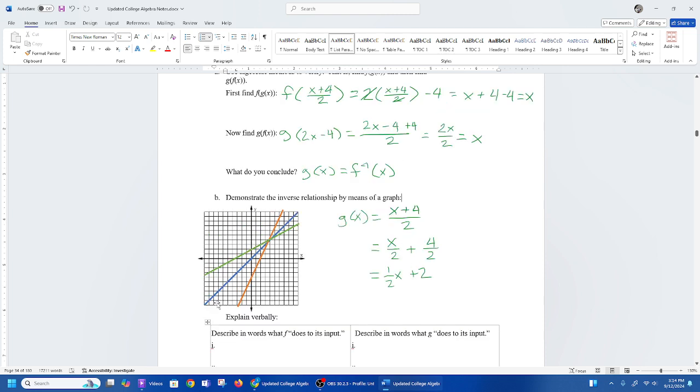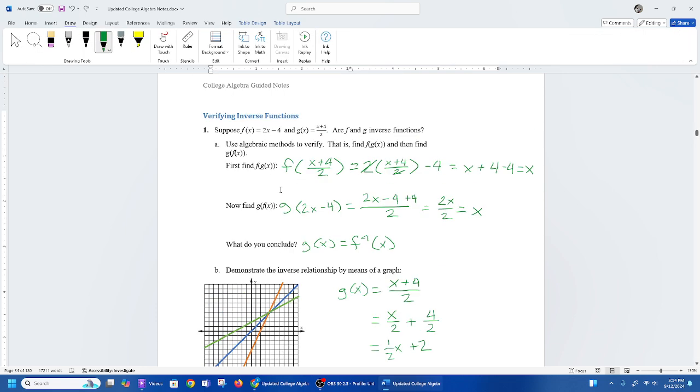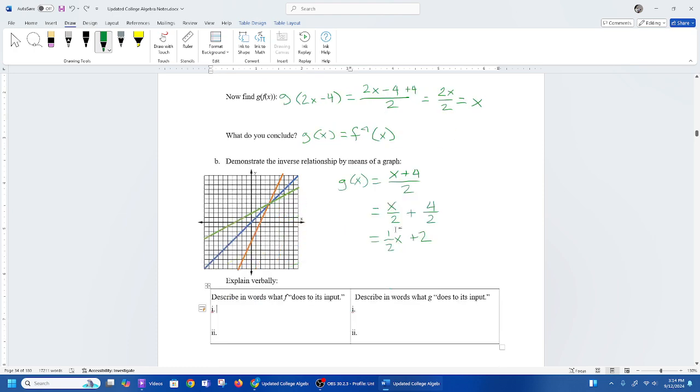So we want to describe in words what f does to the input. And we did this type of thing in class already, so this shouldn't be anything new. So f of x, I'm going to have to write this, we multiply by 2, and then we subtract 4.